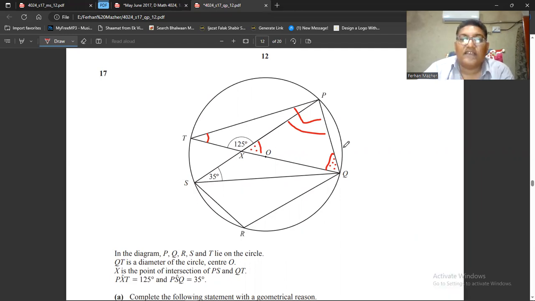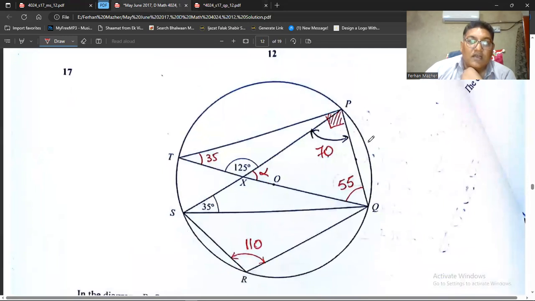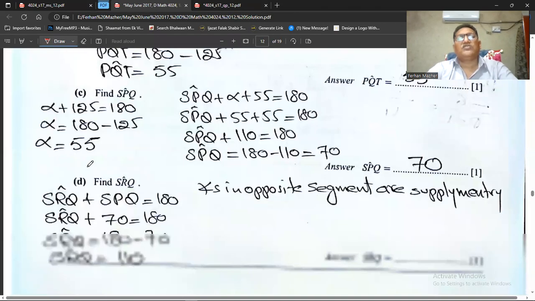If I know this, I can find out this angle very easily. Here is angle alpha. I can find 125 plus alpha equals 180, straight line. So alpha is 55, and I can find this angle. It will be 70 automatically. Okay, let me show you the solution.